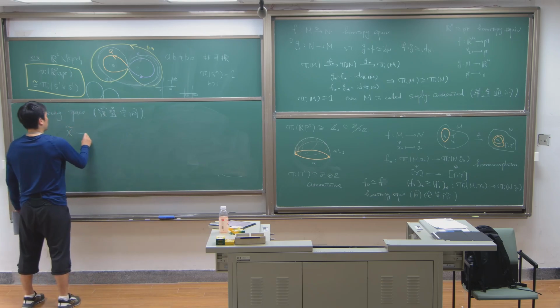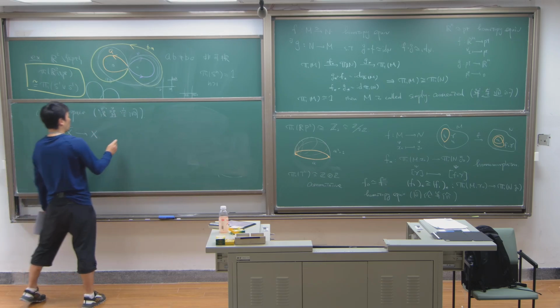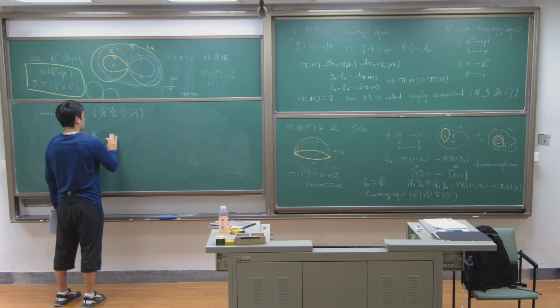X tilde to X is a map that is onto, surjective.